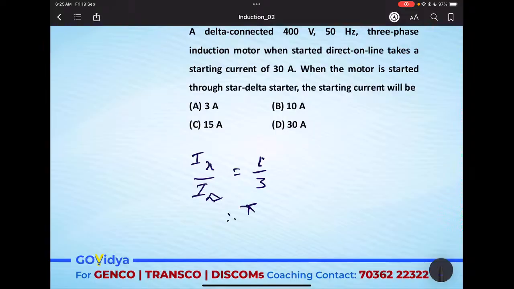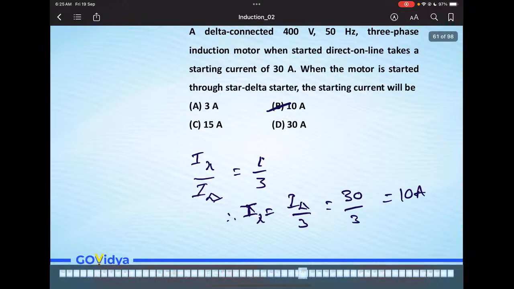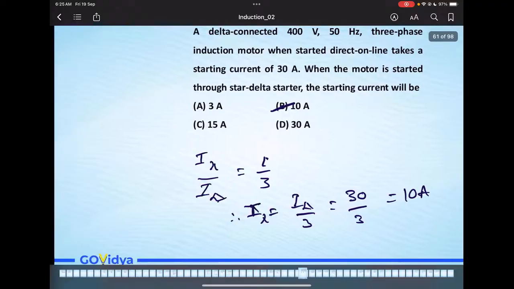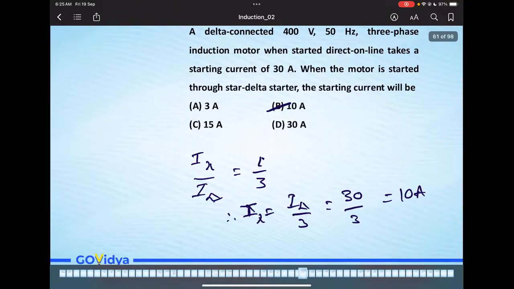Therefore, current in star condition will be I delta by 3. The given I delta is 30, so it will come around 10 amps. I star is 10 amps. Option is B. Yes, Prabha, it's correct. Option is B. This relation we already derived in the previous sessions. You can refer to that.